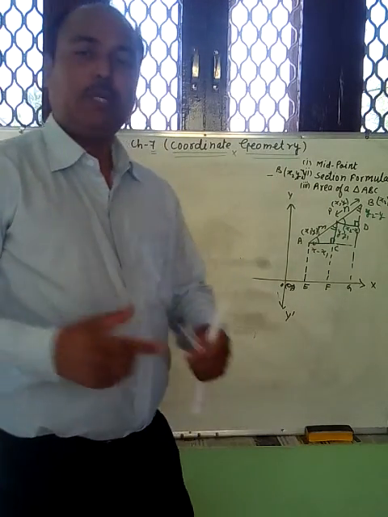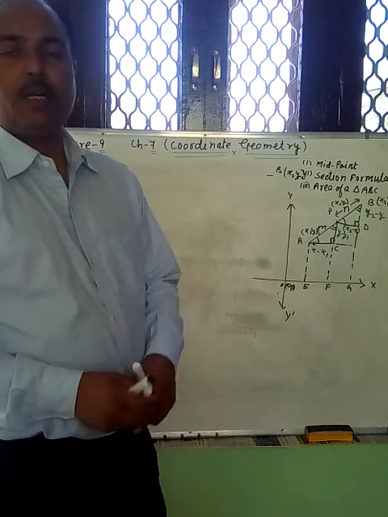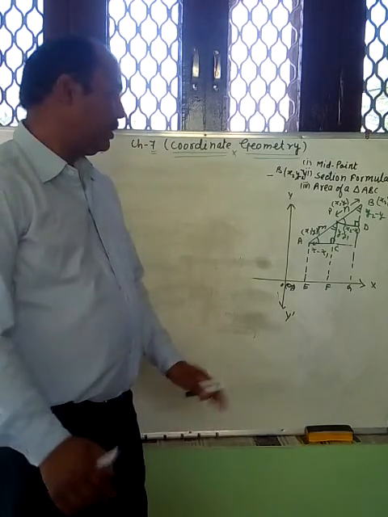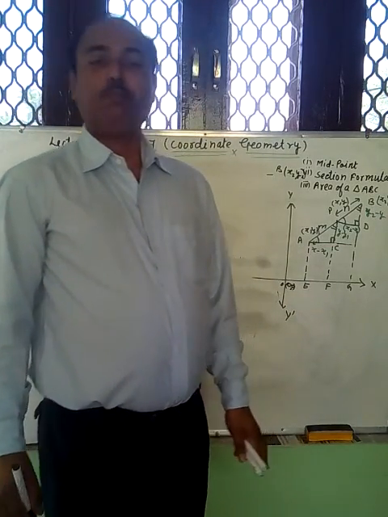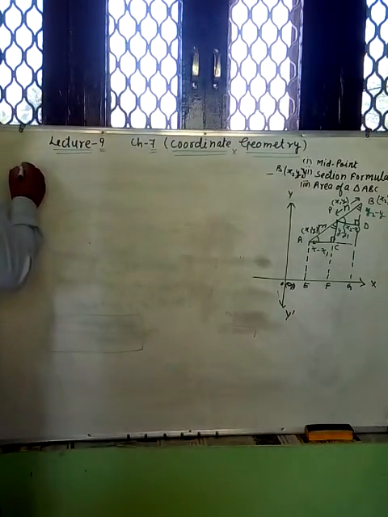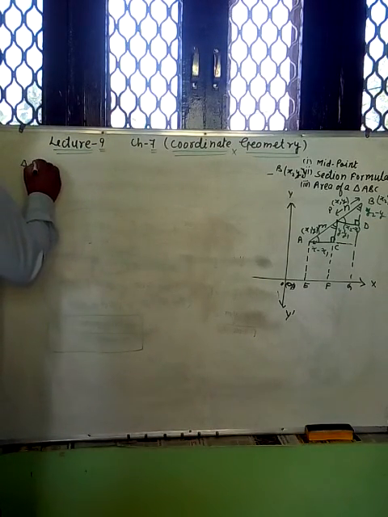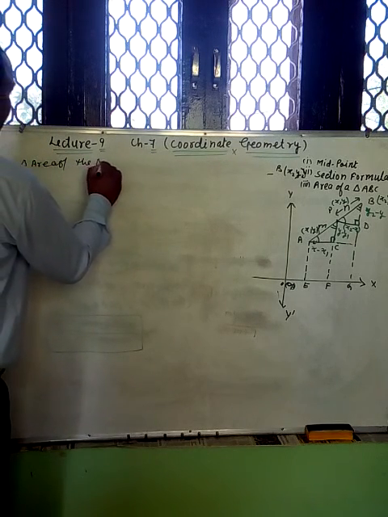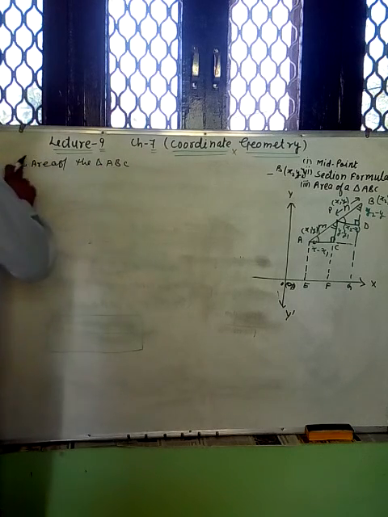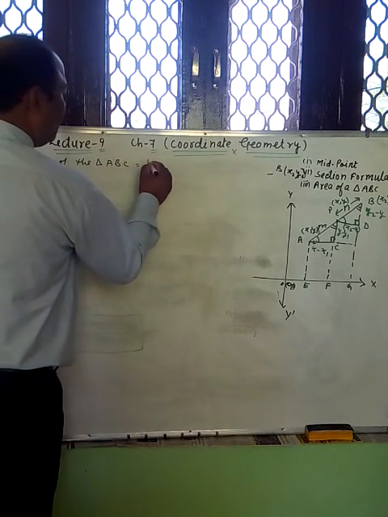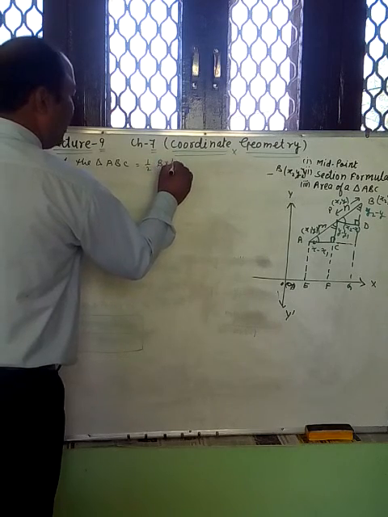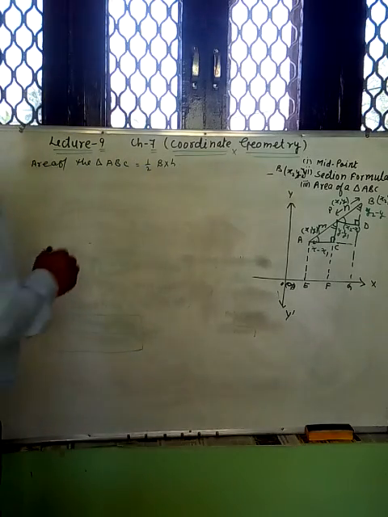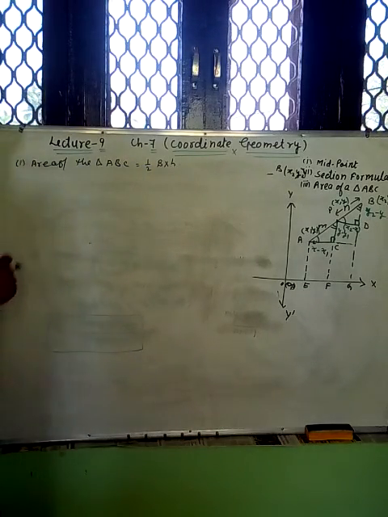Already we discussed it in previous classes, in class 9, 8, 7. With the help of mensuration, the area of the triangle ABC is 1 upon 2 base into height. This is formula number 1.